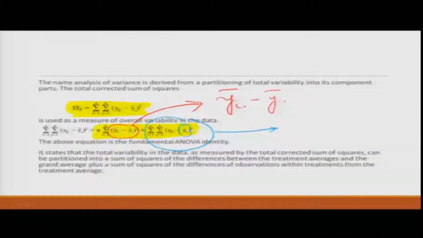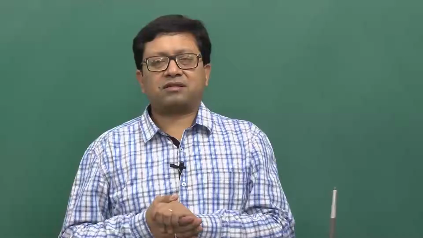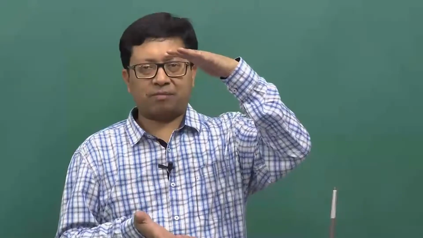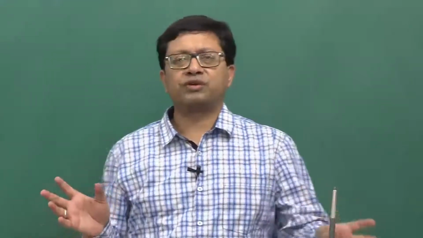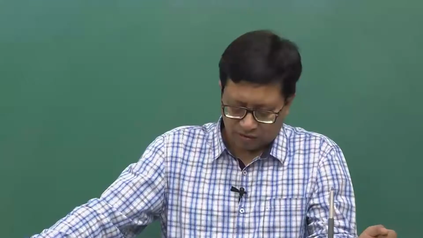The sum of the squares has been divided into two parts. One can be considered as the error within the sample, and one as the error across the samples. So it has to do with inter-sample errors and intra-sample errors, based on which you find the overall sum of the squares of the errors.